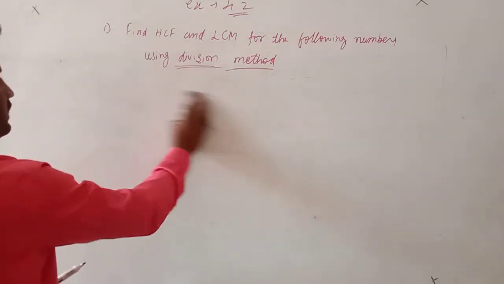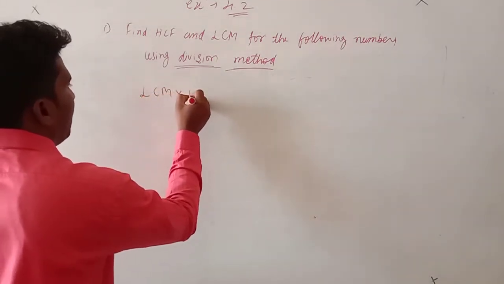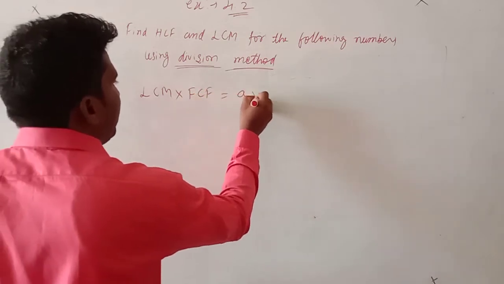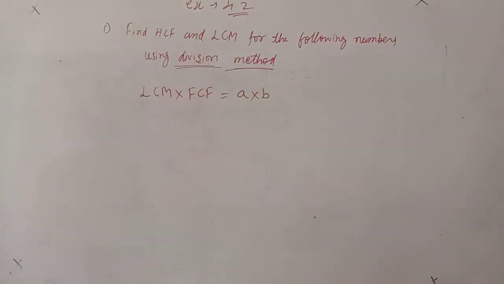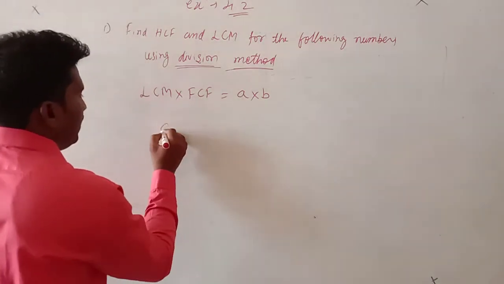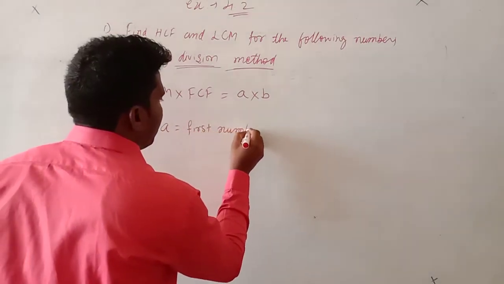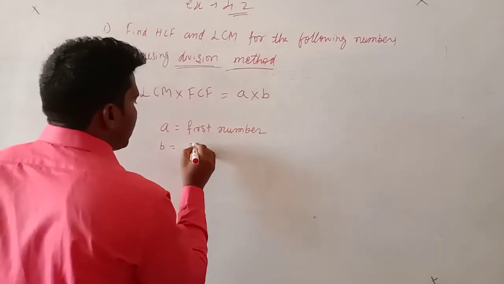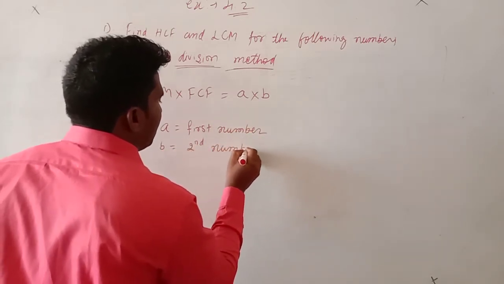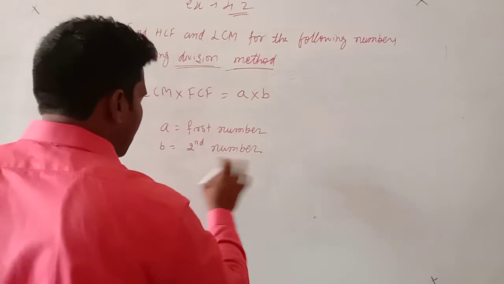That formula is LCM into HCF equals A into B. LCM means LCM, HCF means HCF, A means the first number, and B means the second number.